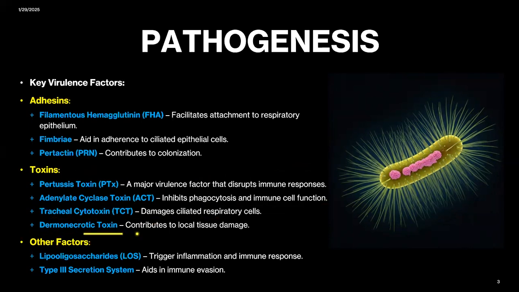Dermonecrotic toxin contributes to local tissue damage. So these are the four important toxins produced by Bordetella pertussis. Other factors like lipooligosaccharides trigger inflammation, and the type 3 secretion system aids in immune evasion.